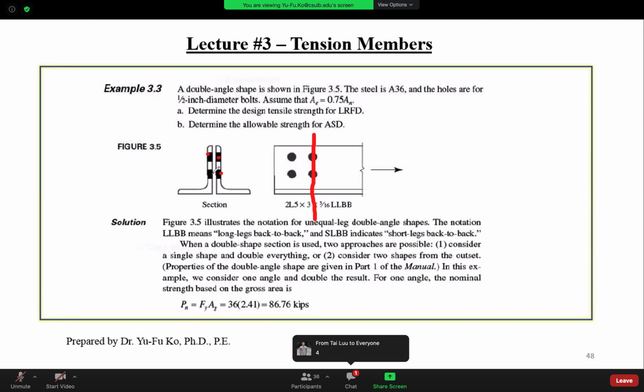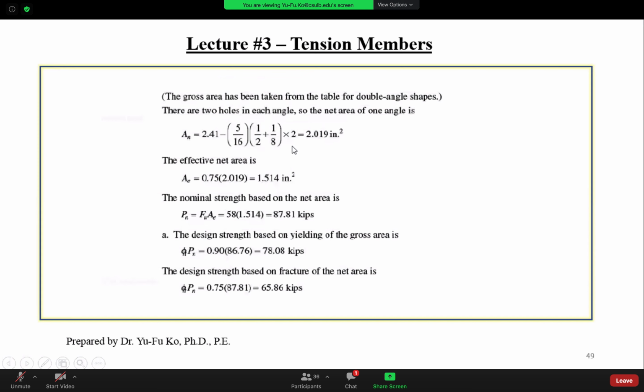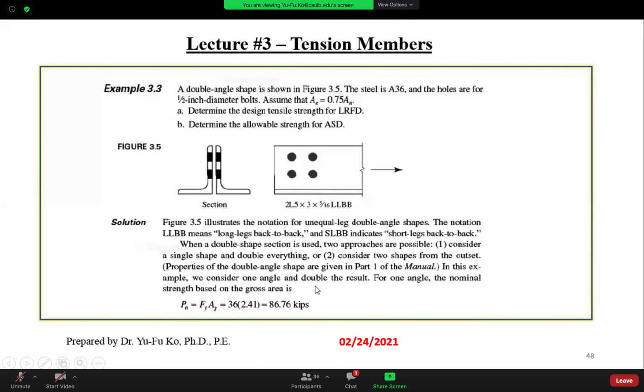But you consider 2 angles in the beginning. So for each and every section cut, you actually cut 4 bolts. So you end up with this calculation times 4, and this is double. So actually you get the same result in the end. Okay? But you can give it a shot to see if approach 2 gives you the same results as approach 1.